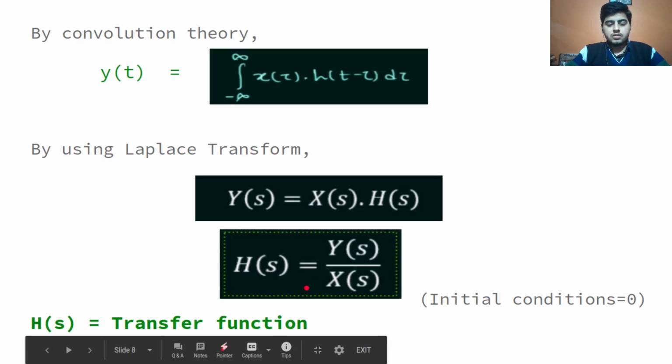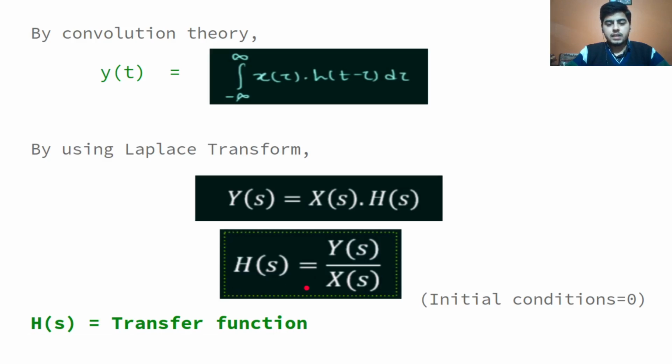Now we have understood what the transfer function is, and now can we understand the behavior of the system using this transfer function? Fortunately the answer is yes. We can find out whether our system is stable or not by analyzing our transfer function.